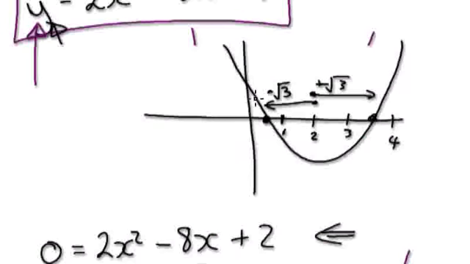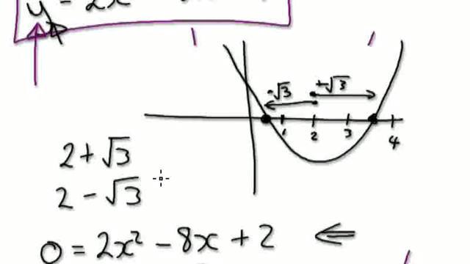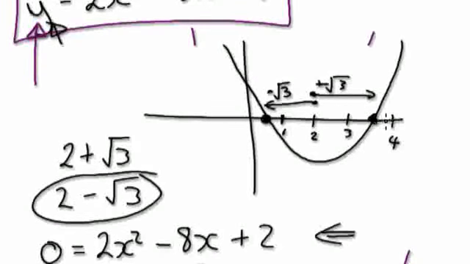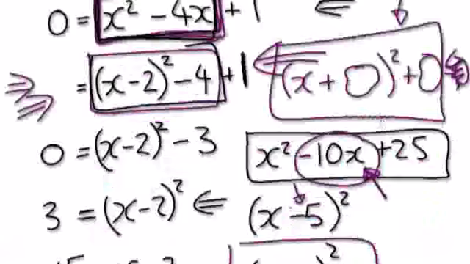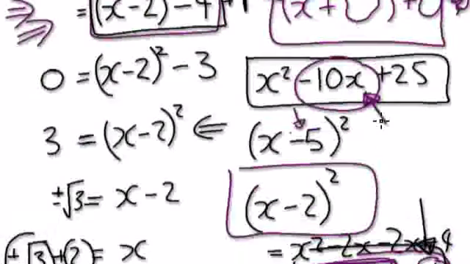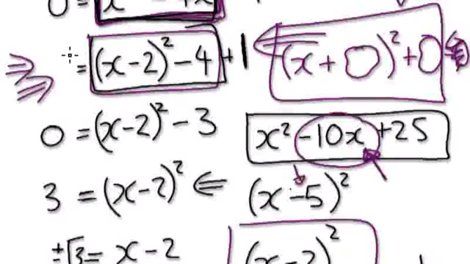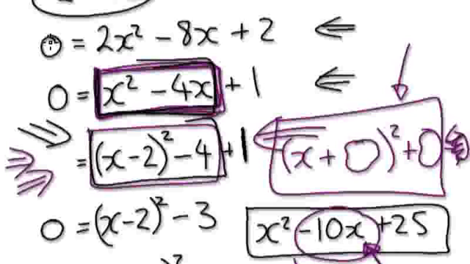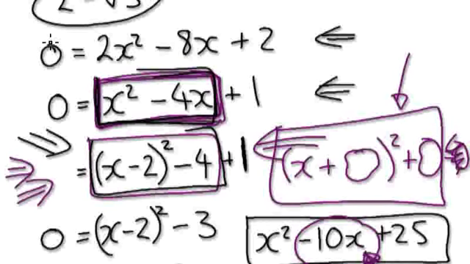So the 2 points here are given by 2 add root 3 and 2 minus root 3. I know this is really strange, especially this bit here, but just watch the next video and then hopefully over time it will make sense.